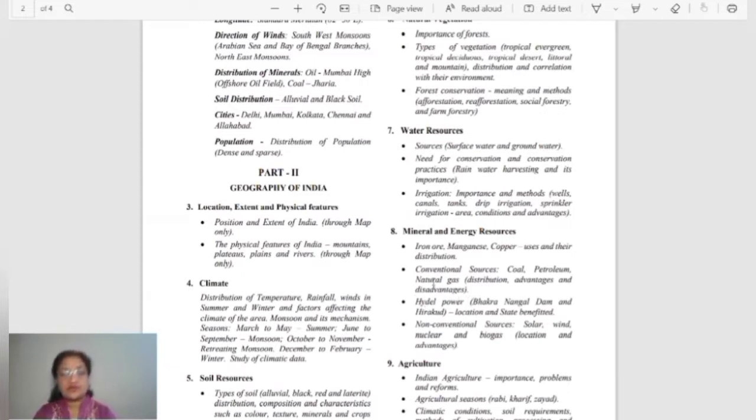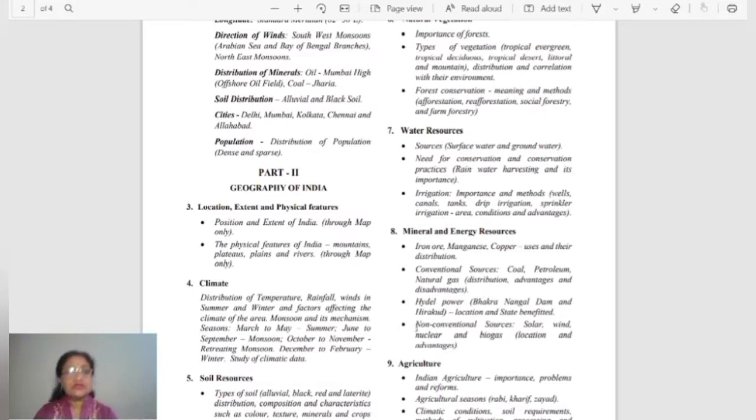That means you have to cover all these: coal, petroleum, natural gas, hydel power. Under hydel power, Bhakra Nangal Dam and Hirakud Dam, their location and which are the states getting benefit of these dams or the multi-purpose projects. This you have to cover.